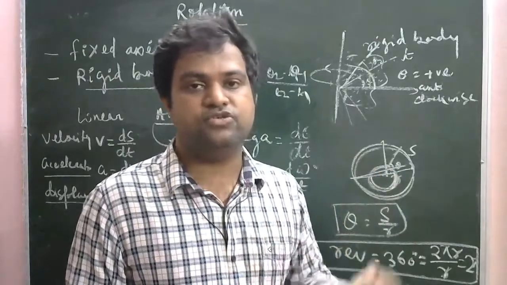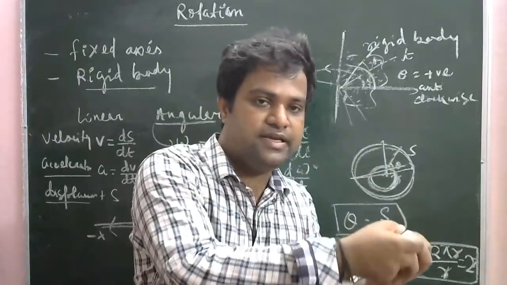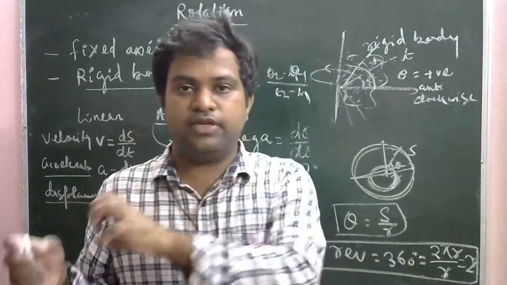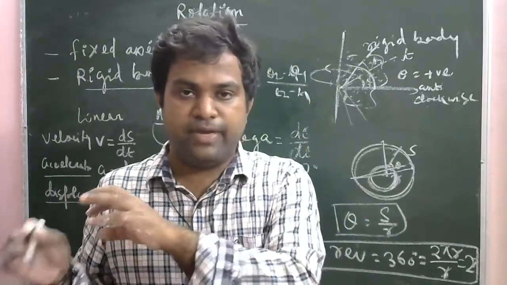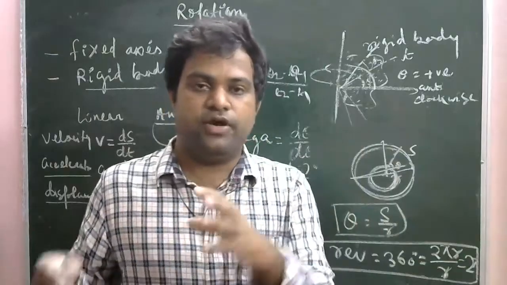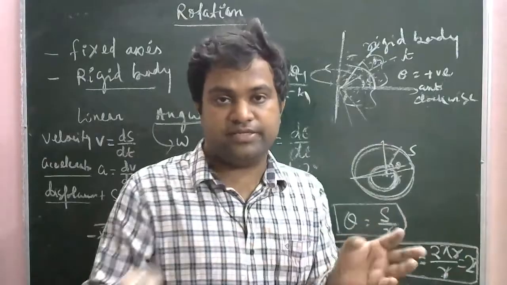In most cases it will be complicated. So we'll compare the angular case with the linear case, so that whenever required, we can shift our discussion to the linear case.